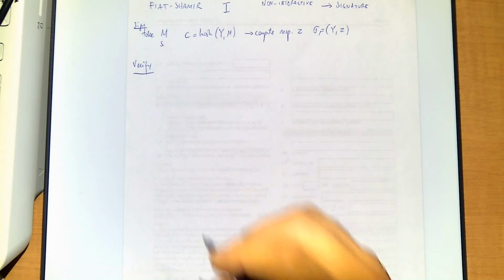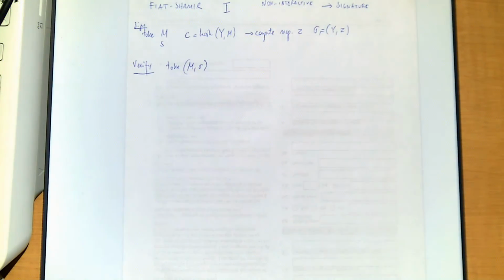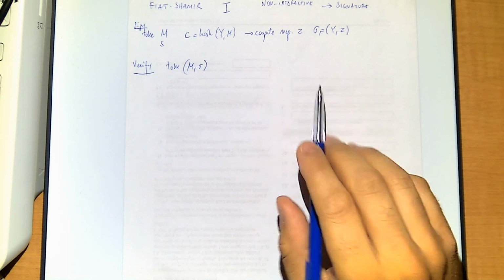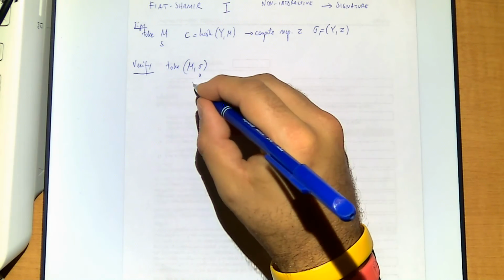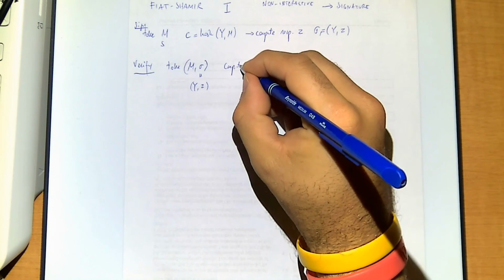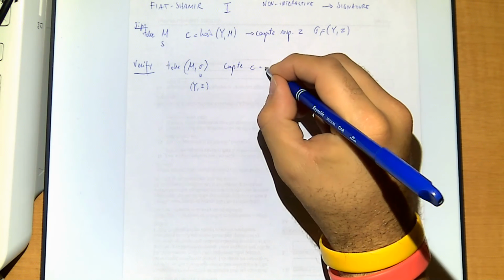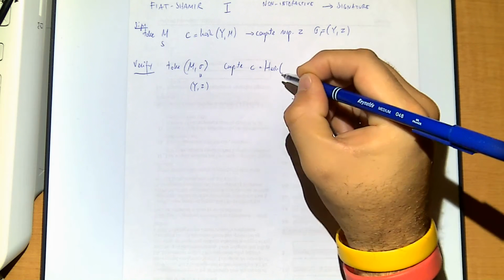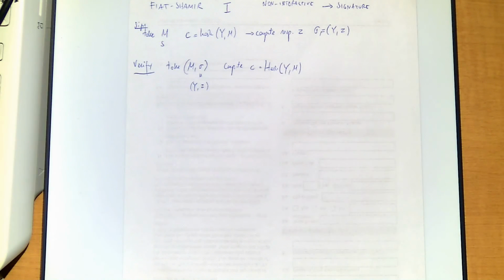and the verify algorithm of the verifier. It will just take a message and signature pair, like in any signature scheme, right? And then the signature, remember, contains the commitment. So the signature will be a Y and Z pair. Then you will compute a challenge C as hash of Y and the message, right?